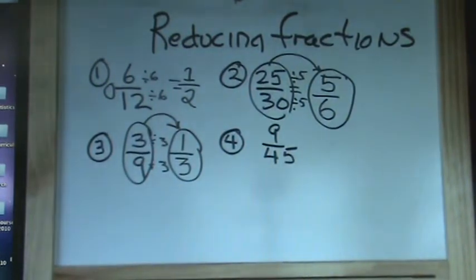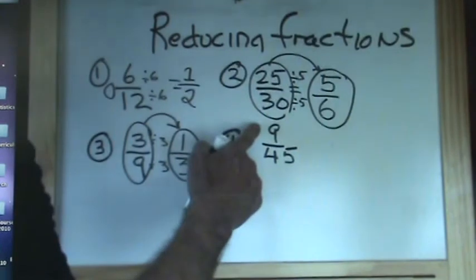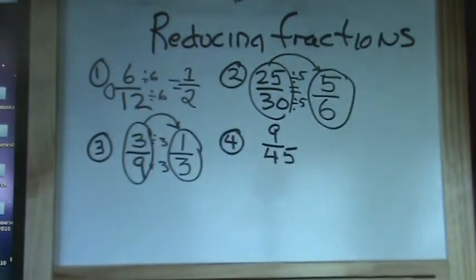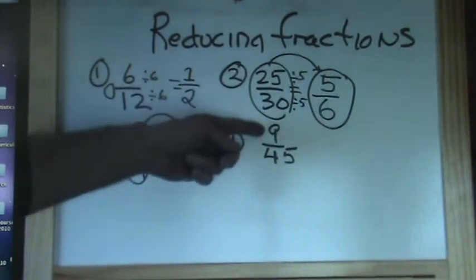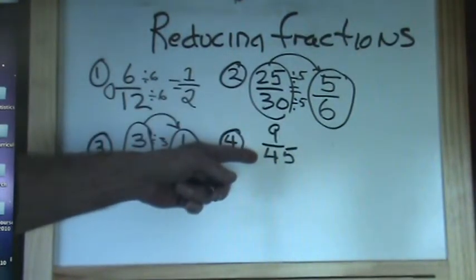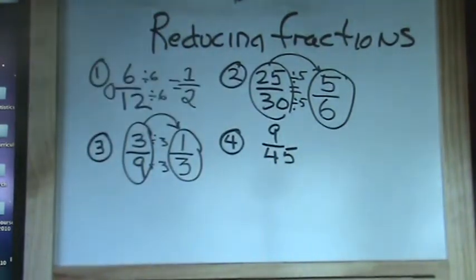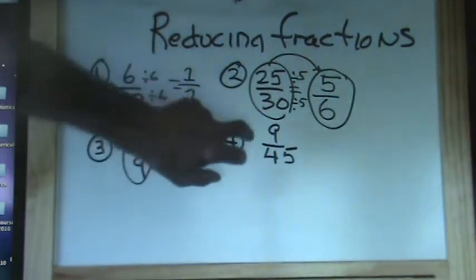Okay, last one here. 9/45. Well, now what number will go evenly into 9 and the same number go evenly into 45? And we want the largest number that will go evenly into both.